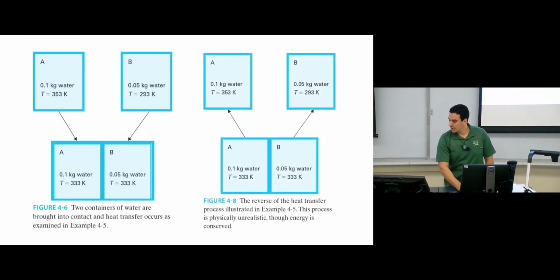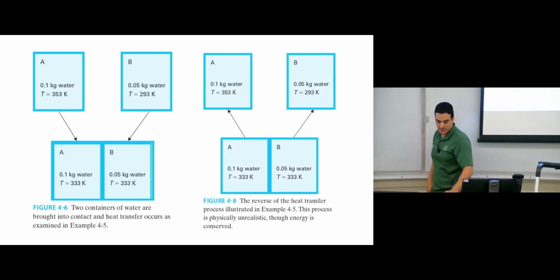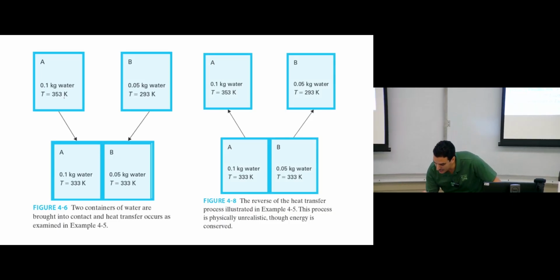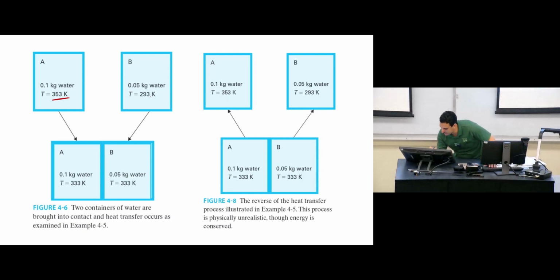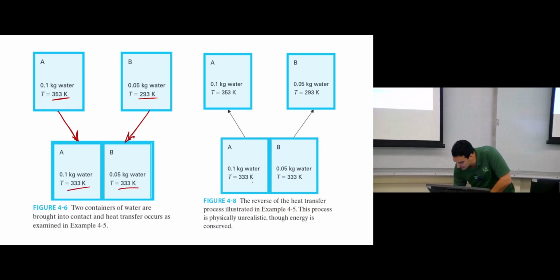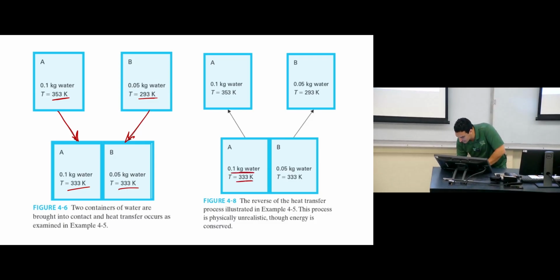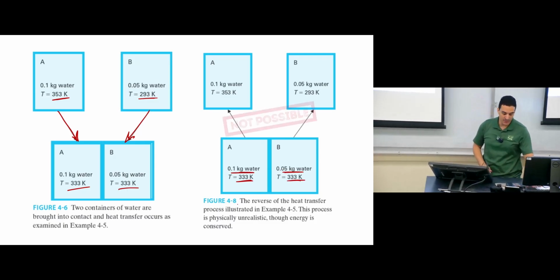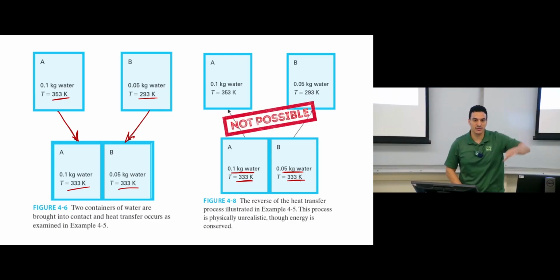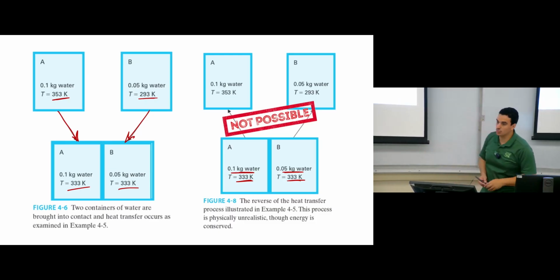Okay. So again, for a spontaneous process, if you bring both tanks at 353 and 293 into contact, the temperature for both of them will be this one. But if you bring the opposite, two tanks, 0.1 kilogram water at 333 and 0.05 kilogram at 333, it is not possible that you will see vessel 1 increase to 353 and the second one decrease to 293.